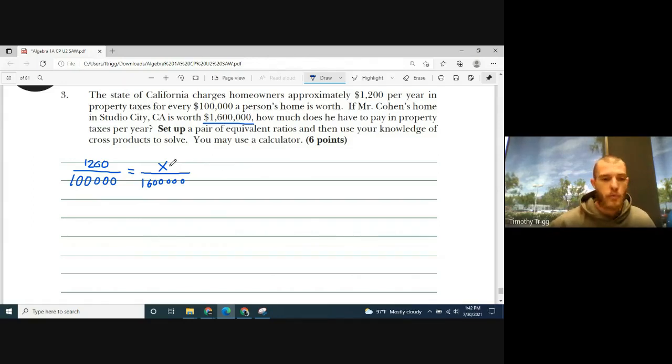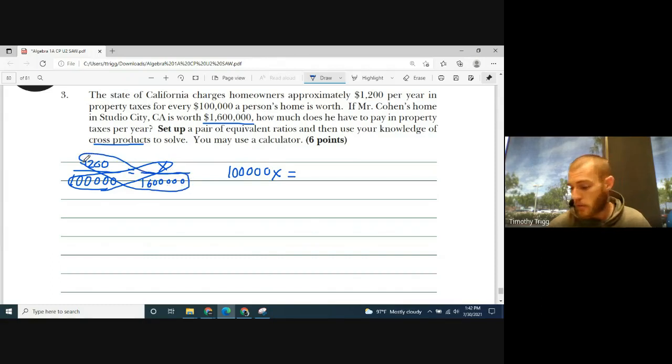Similarly, with other problems we've done, if we are trying to find a missing value in a proportion, we can cross multiply, use the cross product, right? That means cross multiply. So 100,000 times X, that's 100,000X equals, and then cross multiply the other way, 1,200 times 1,600,000.